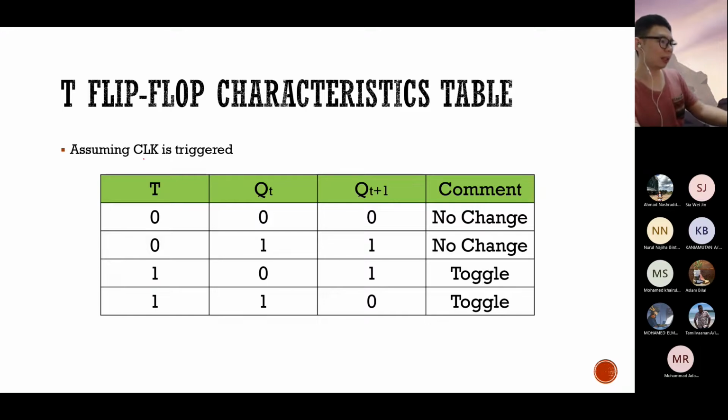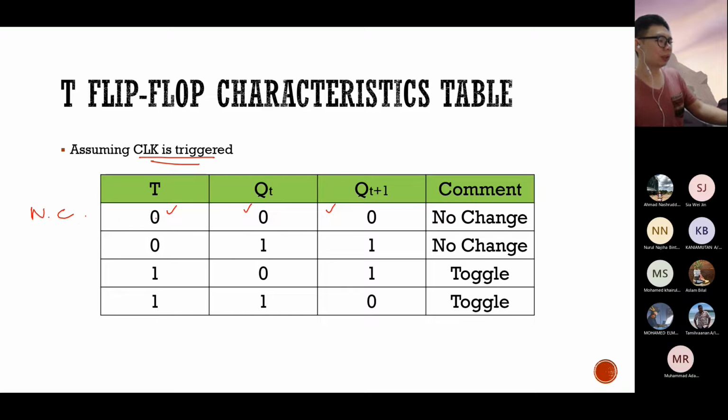So assuming that the clock is triggered, so this is the characteristic table, right? So if T is 0 and your current output is 0, which means what's going to happen next is that your next output is going to be 0. Okay, because this T flip-flop is in a no change state.